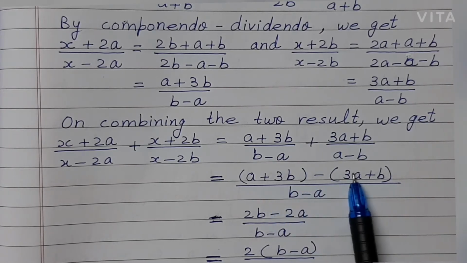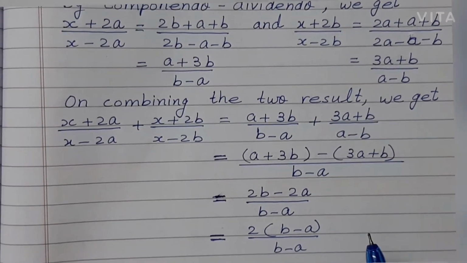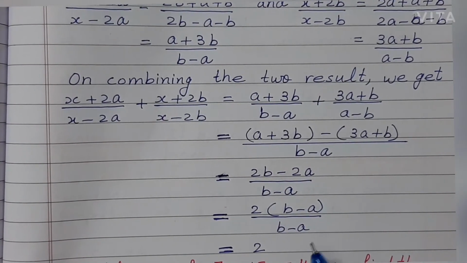So after solving this, we will get (2b minus 2a) upon (b minus a). So after taking 2 common, these two terms will get cancelled, and our answer is 2. Clear? We can cancel here b minus a and b minus a. Clear?